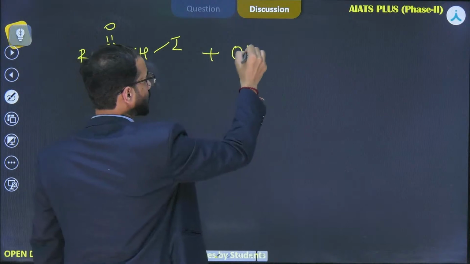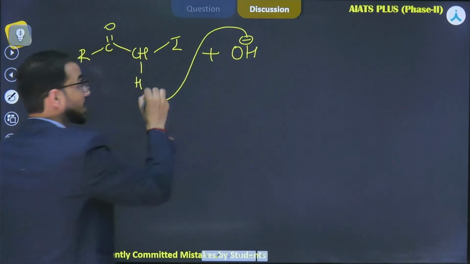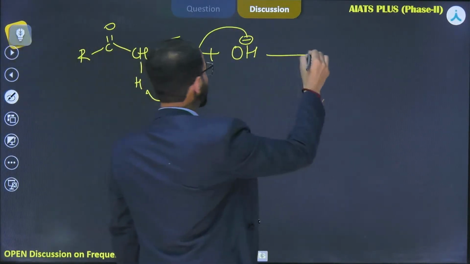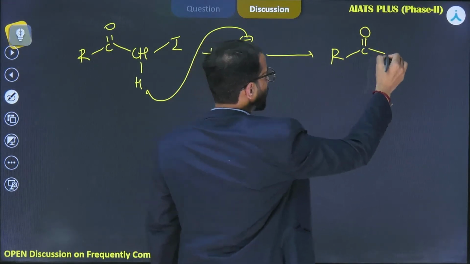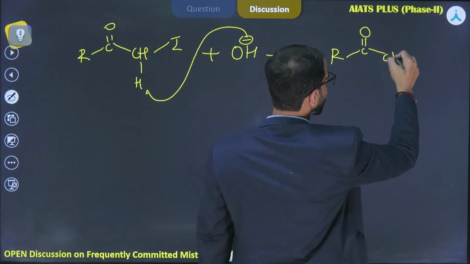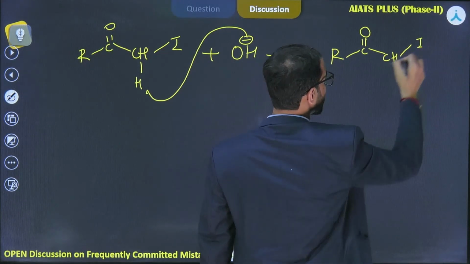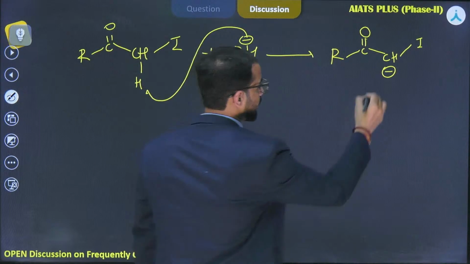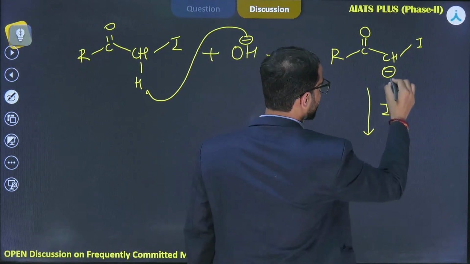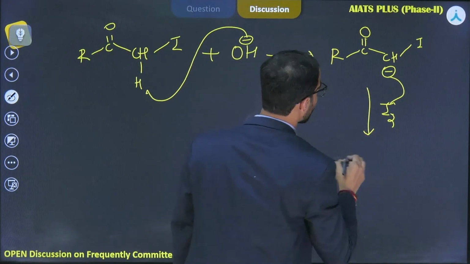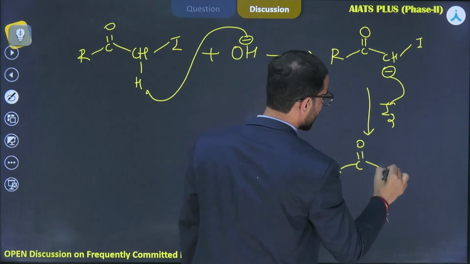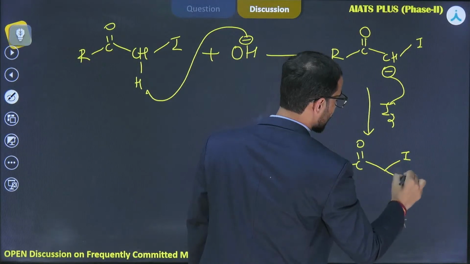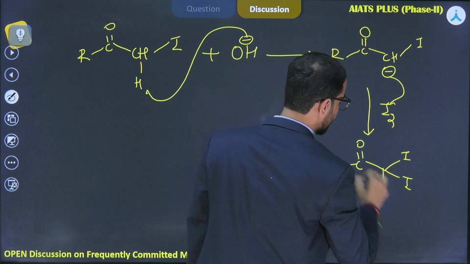Again we have an OH negative. It will abstract the proton from it and yield the negative charge, and the negative charge will attack iodine, and you will have again the halogenated product.